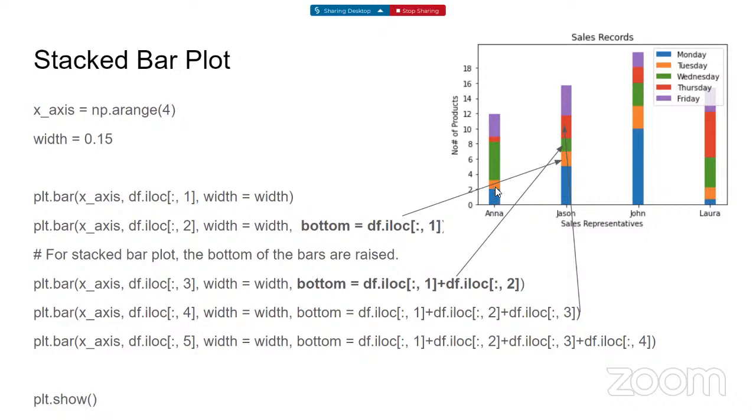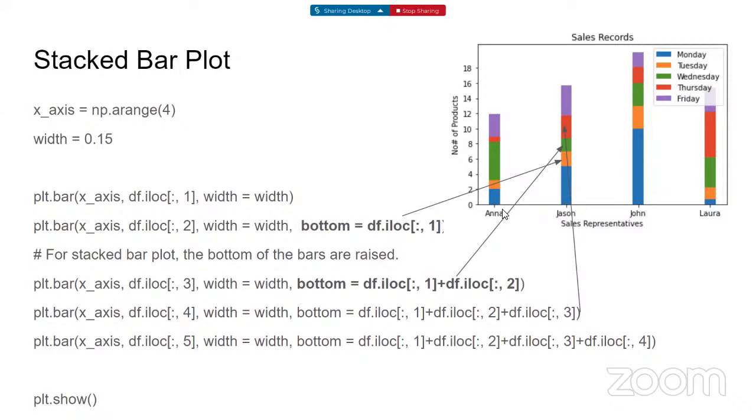If the orange bars' Y is still here, then it may not show anything if the orange numbers are smaller than the blue numbers. But what we want to do is to show the Tuesday here, and then this Wednesday, and the Thursday, and the Friday, and this whole bar shows the total sales records of that person.